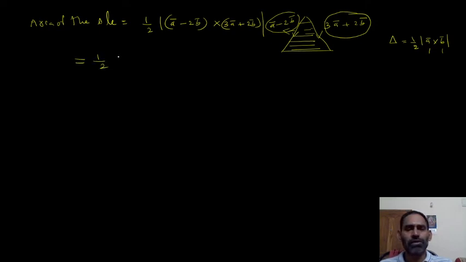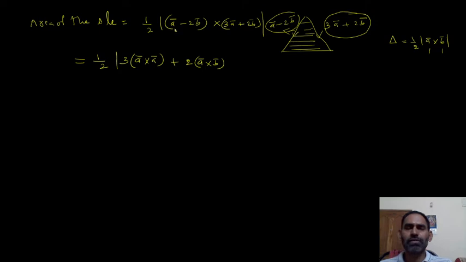One by 2 into modulus of, multiply just like polynomial multiplication, a bar into 3a bar. Leave the constant as usual, 3 into the cross product between the vectors, so a bar cross a bar. Next, plus 2 into a bar cross b bar.